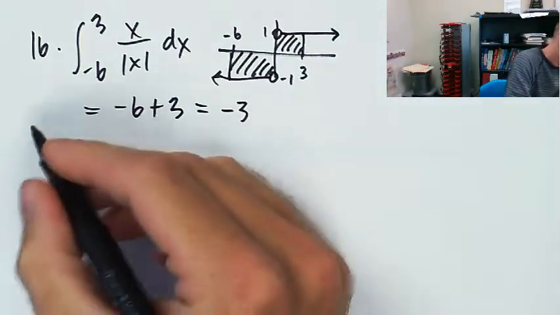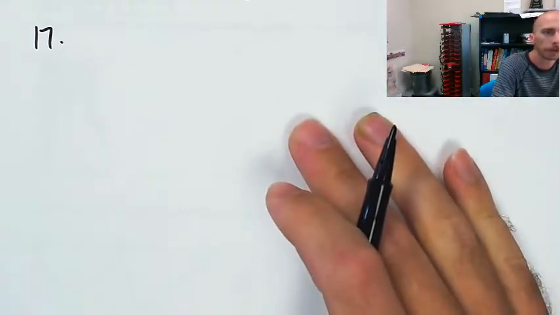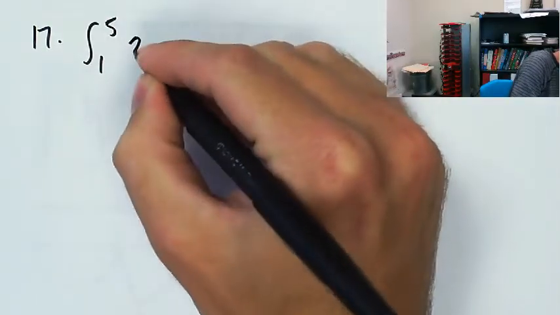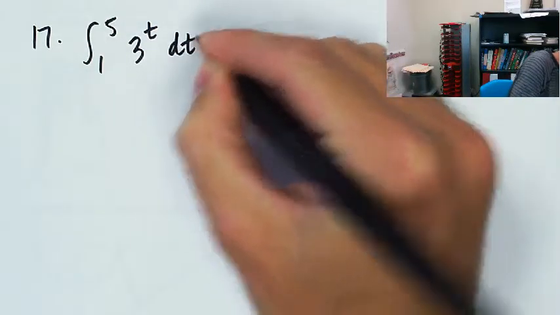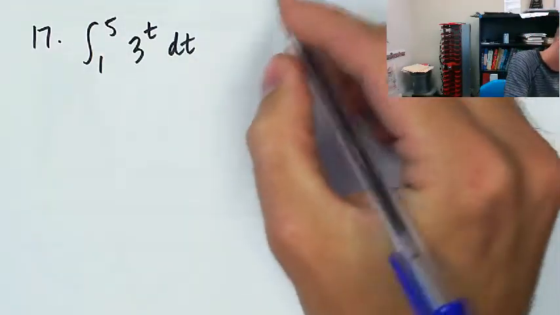All right, number 17. Now this one's going to require a little extra anti-differentiation magic. So I'm going to integrate from 1 to 5, 3 to the t dt. So what I need to do is find myself an antiderivative for 3 to the t.